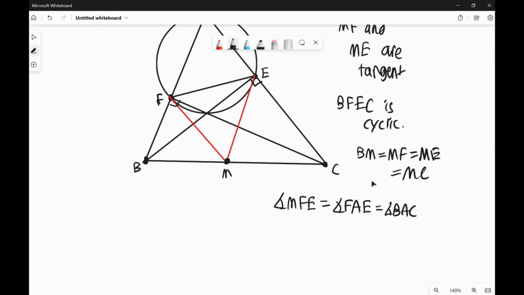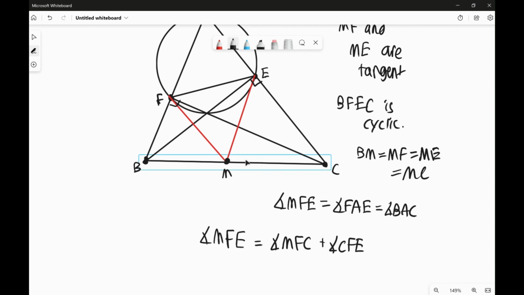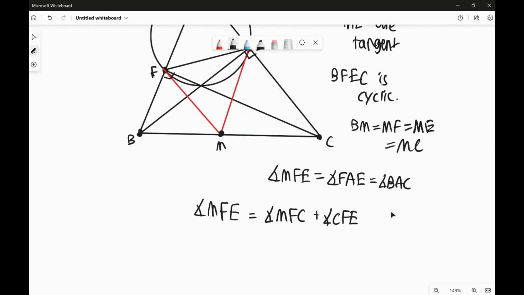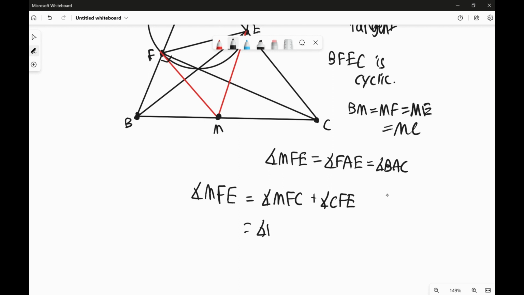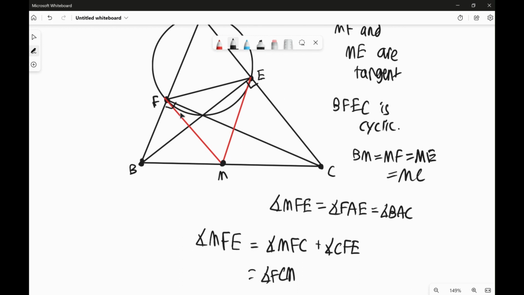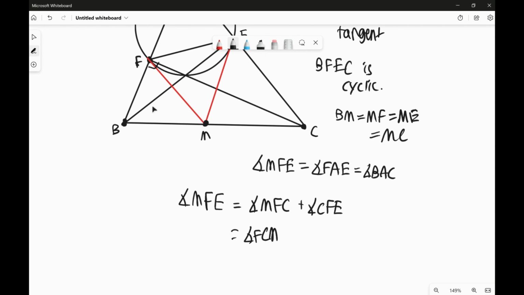Well, we know that directed angle MFE is equal to directed angle MFC plus directed angle CFE. But this triangle here is isosceles. Now here's where we use the fact that M is a circumcenter. So this ends up being directed angle FCM. And then CFE here ends up being CBE because of the cyclic quadrilateral.